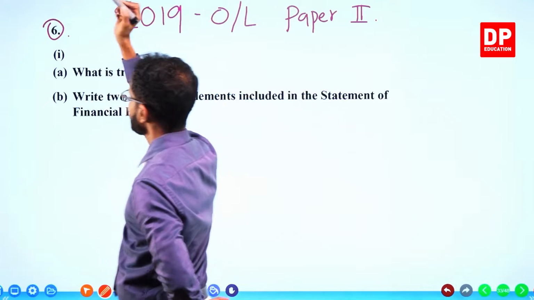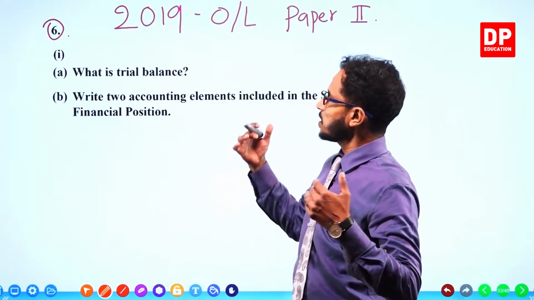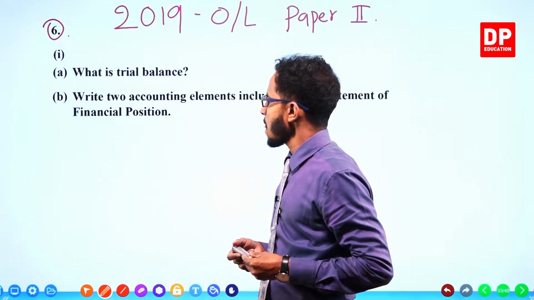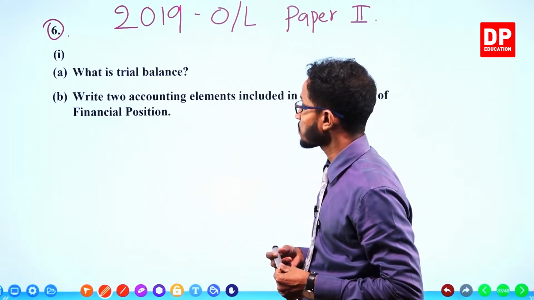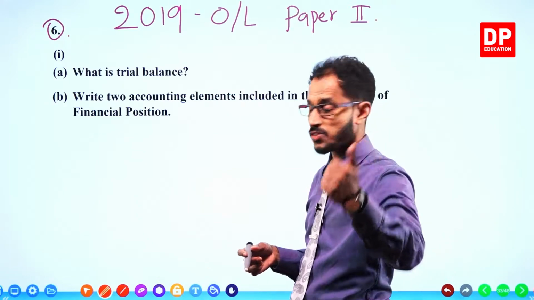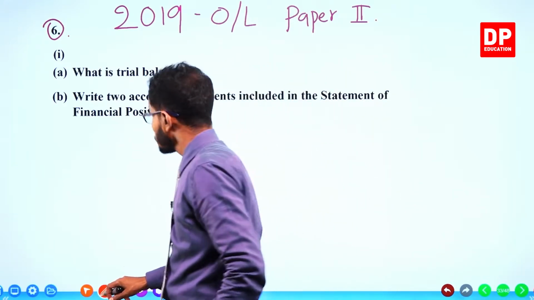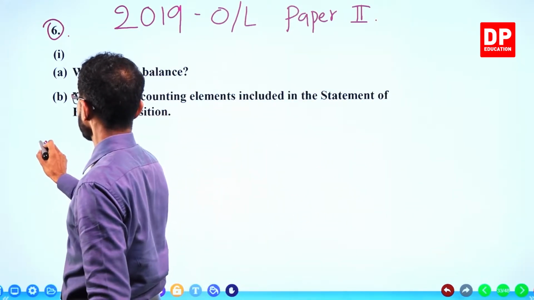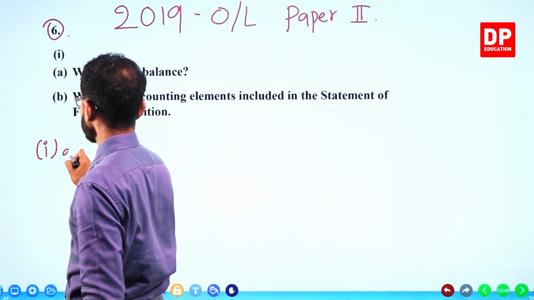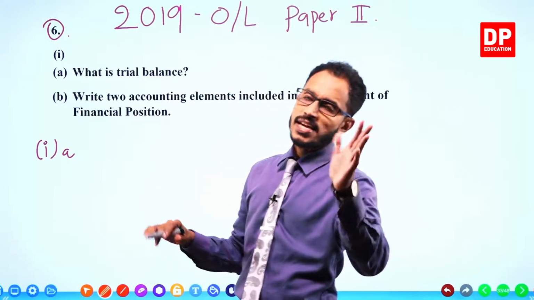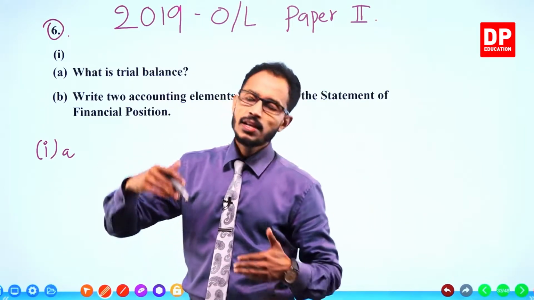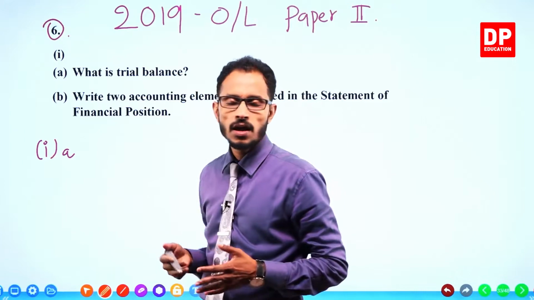Sixth question. All right. What is a trial balance? That is what they ask you. What can you say about it? It's a statement showing the assets, liabilities, and capital as at a certain date.